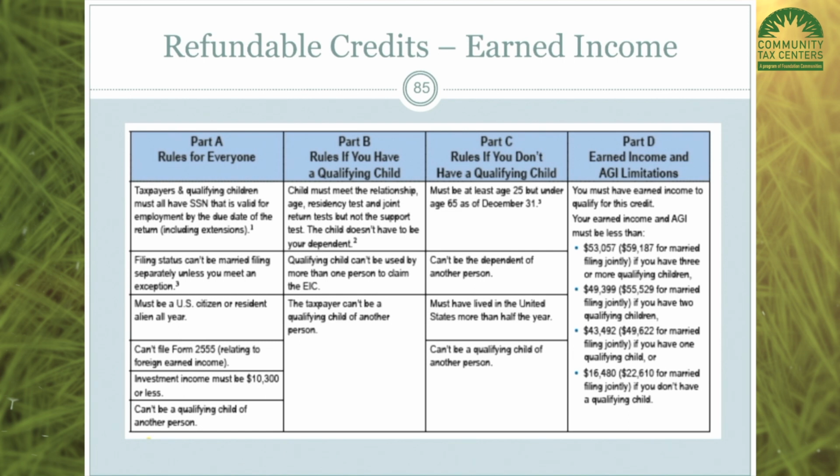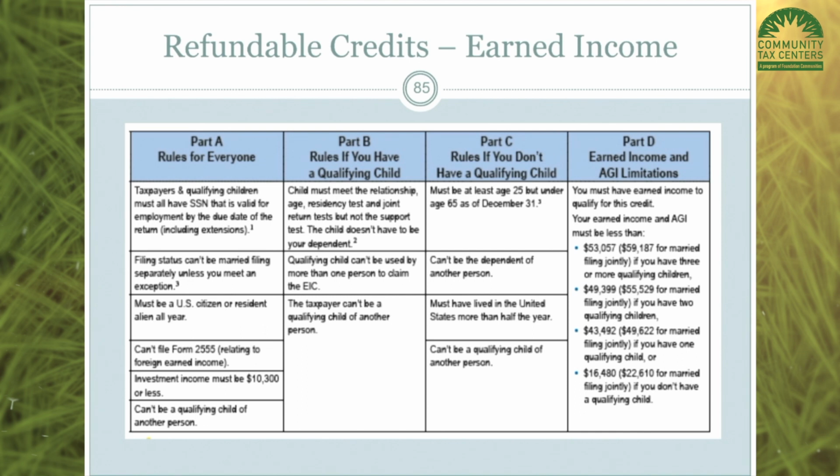For 2 qualifying children, $49,399 for all other filing statuses except for married filing joint, which is $55,529. If they have 1 qualifying child, all other filing statuses, it has to be less than $43,492. Married filing jointly is $49,622.